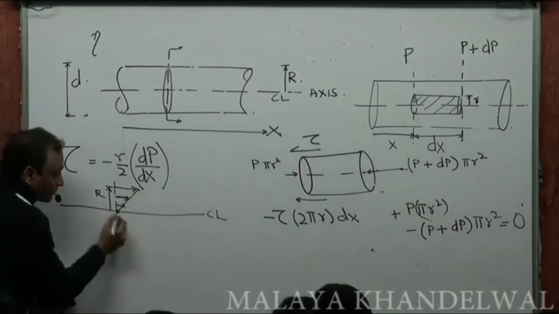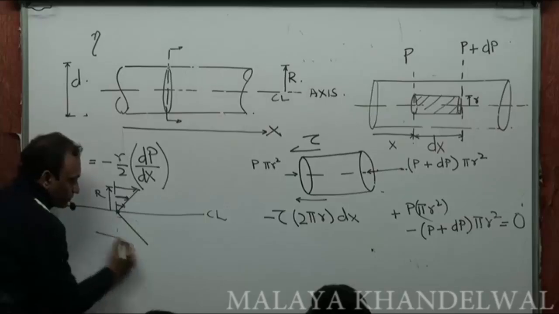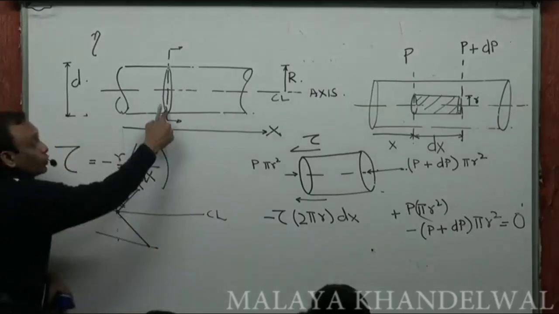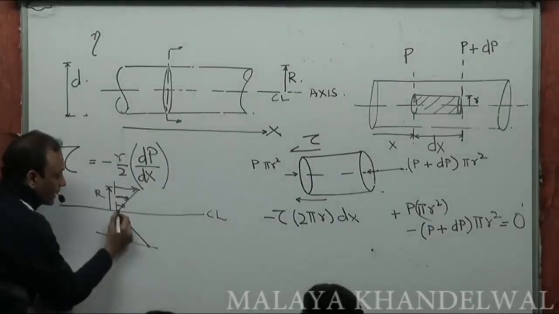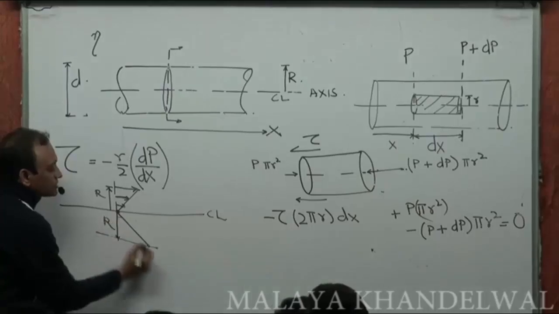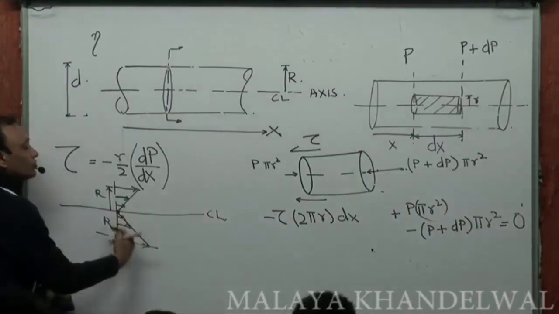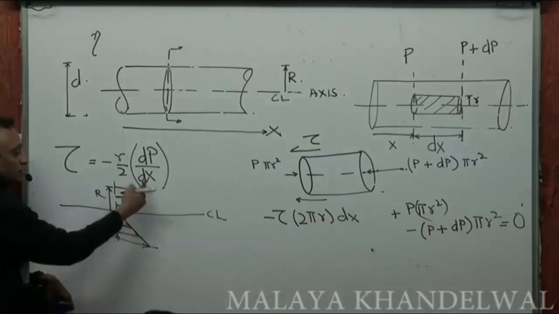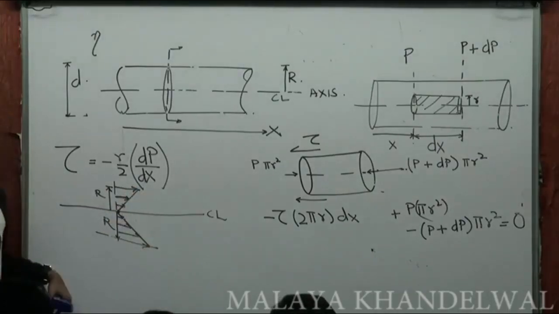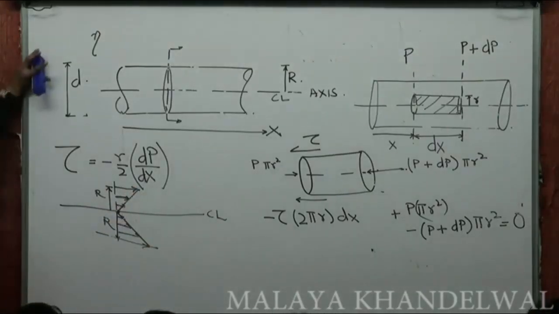And at the lower surface, this is also capital R, shear stress will be like this and will linearly decrease to 0. From the outer surface to the central line, shear stress will vary linearly like this. Yes or no?